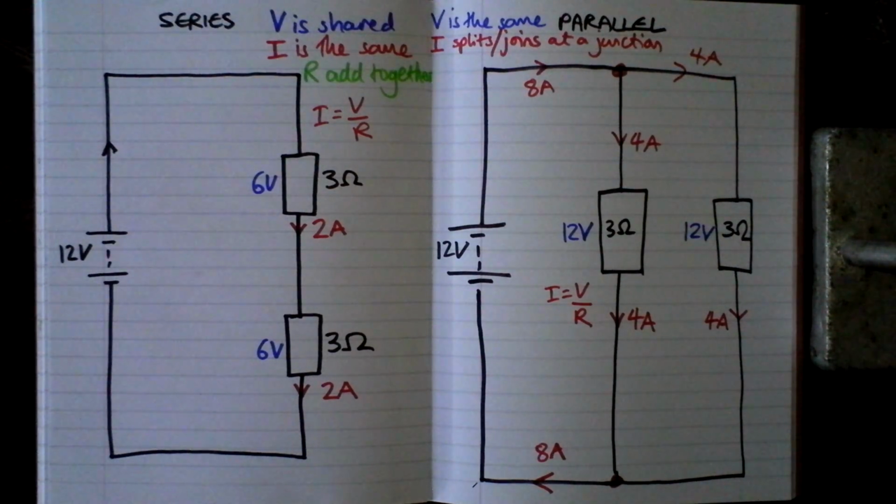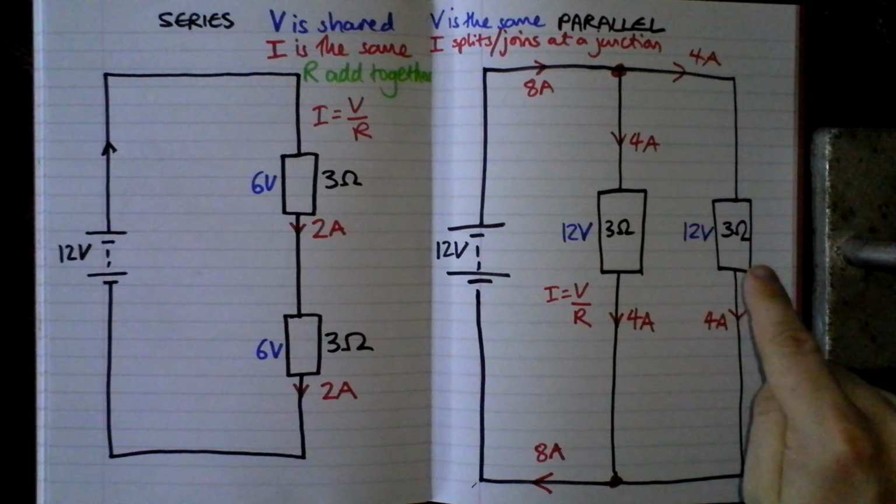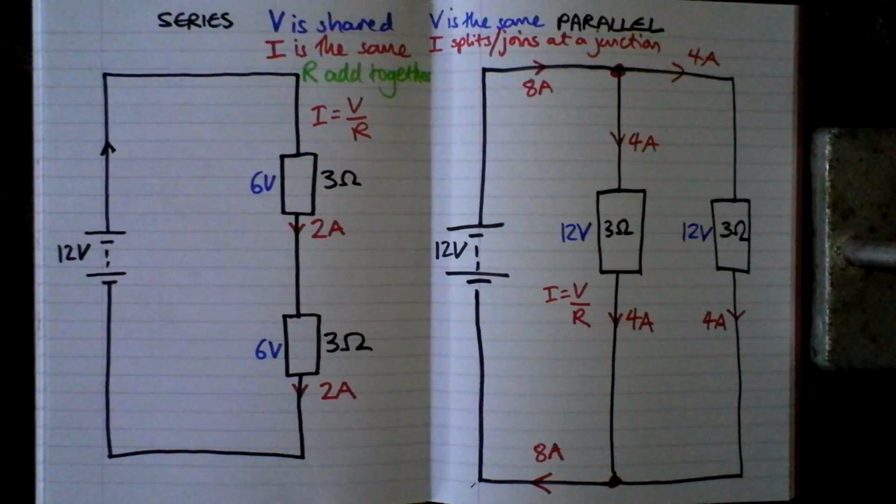If you've got a tiny crack on the other side, that would be like a really high resistance, and so very little water would go that way. If this was a big resistor, this would be a far smaller current than the big current that would flow through this small resistor. And that's just about everything that you need to know about circuits.